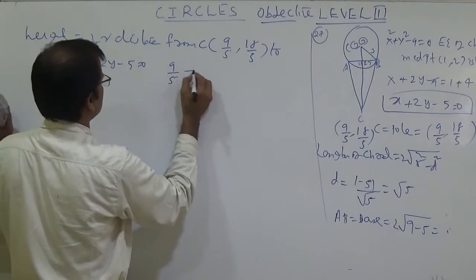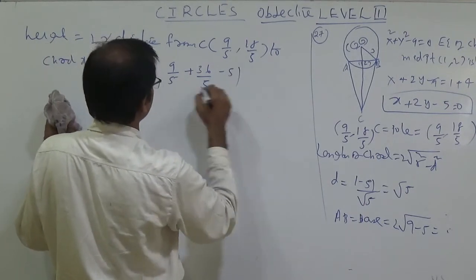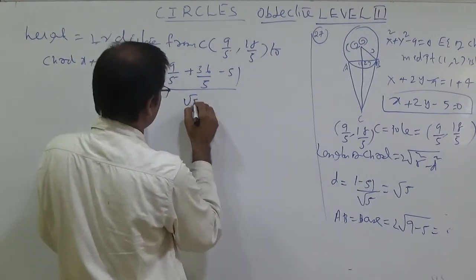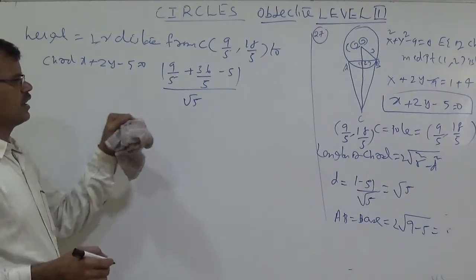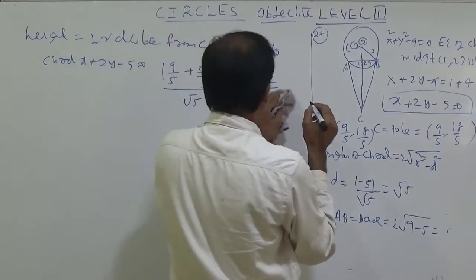So we can write 9 by 5 plus 36 by 5 minus 5, over root 5. 9 plus 36 is 45, 45 by 5 is 9, 9 minus 5 is 4, so 4 by root 5. This is 4 by root 5.